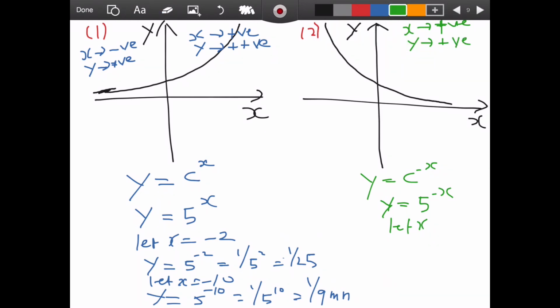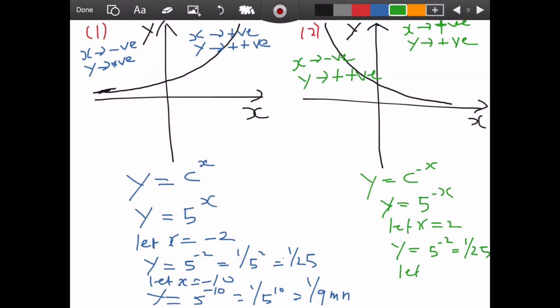And over here, when x is negative and increasingly negative, you realize that y becomes a very, very large positive number. So let's check out this pattern. When x equals 2, we get y equal to 5 power of minus 2, which is 1 over 25.